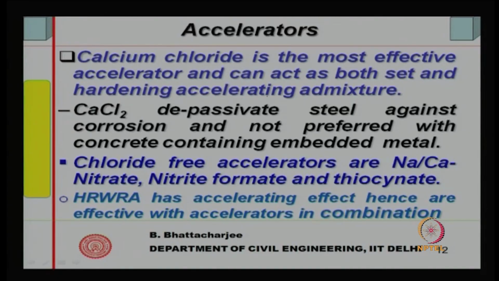They themselves have some accelerating effect, and if you use them together with an accelerator, the benefit is even more. It is quite effective, all right.